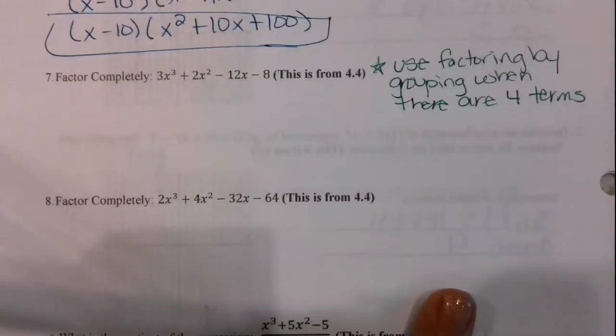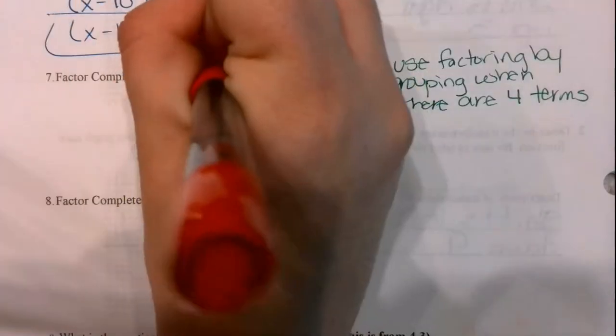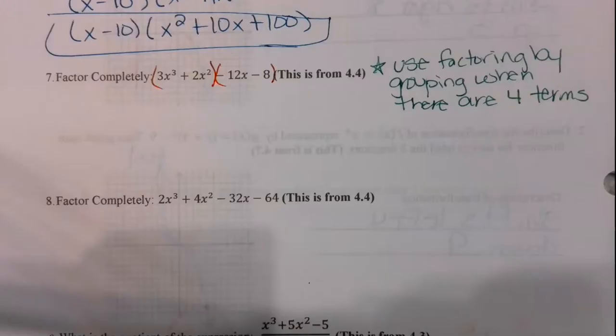Okay. So, factoring by grouping means I break it into 2 pieces. So this first group gets broken up and the second group gets broken up.